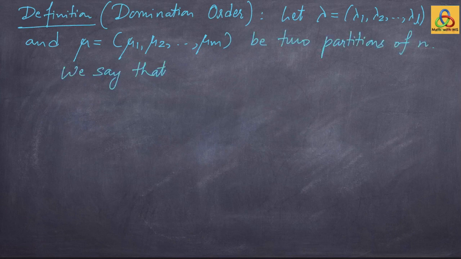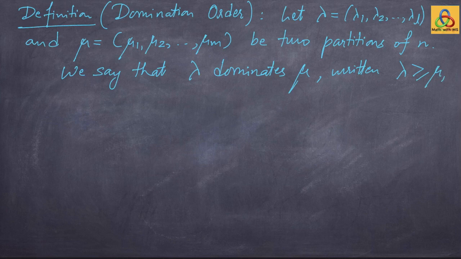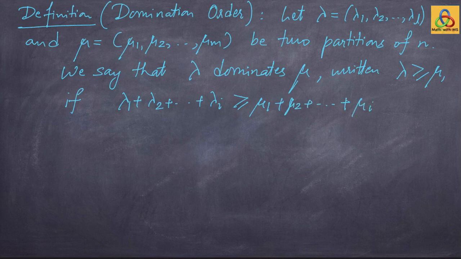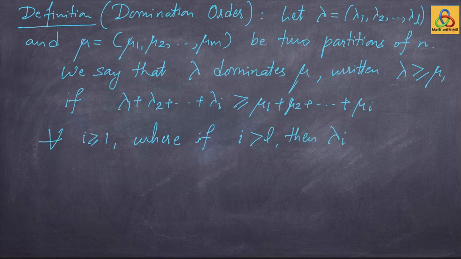We say that lambda dominates mu, written lambda greater than or equal to mu, if lambda 1 plus lambda 2 plus and so on plus lambda i is greater than or equal to mu 1 plus mu 2 plus and so on plus mu i for every i greater than or equal to 1, where if i becomes bigger than L, then we simply set the corresponding lambda i to be 0, and if i becomes bigger than m, then we take the corresponding mu i to be 0. Very simple-minded definition.